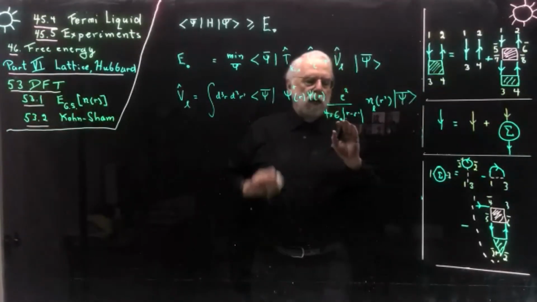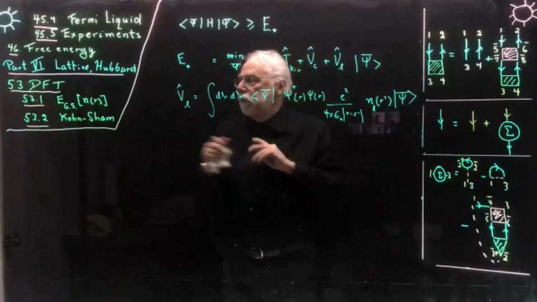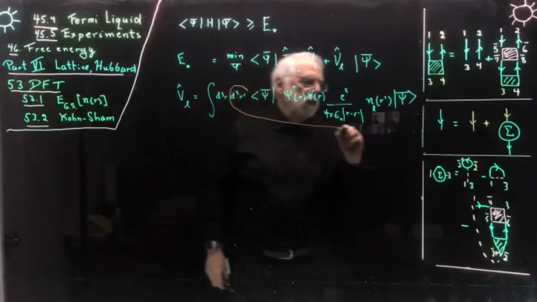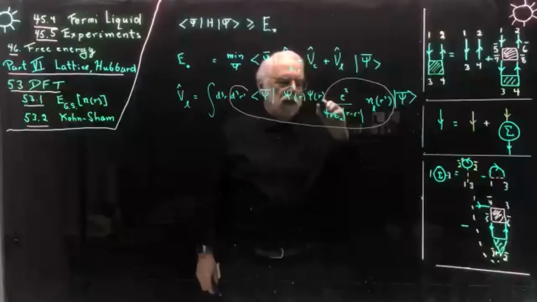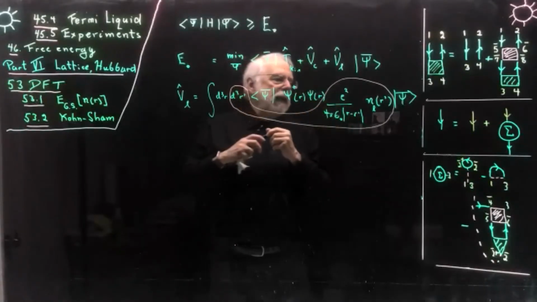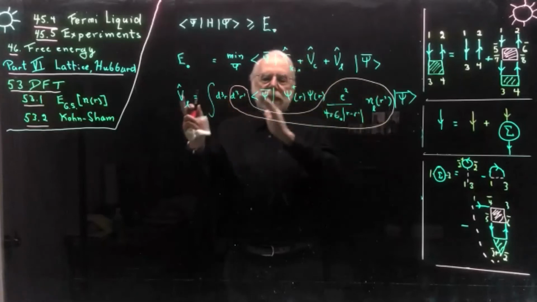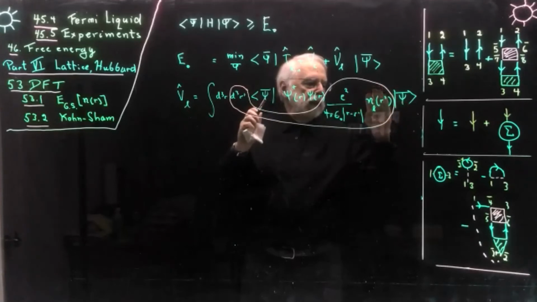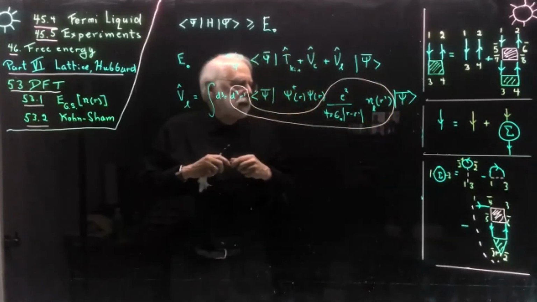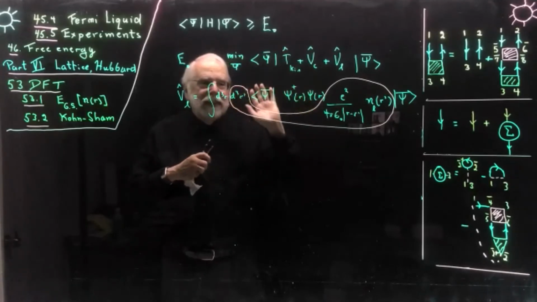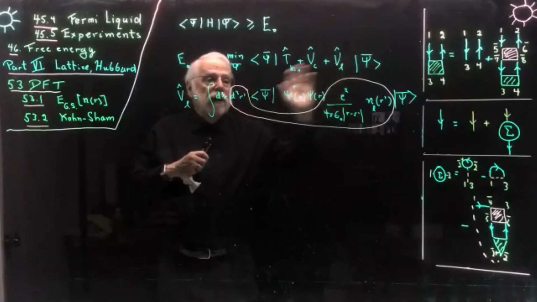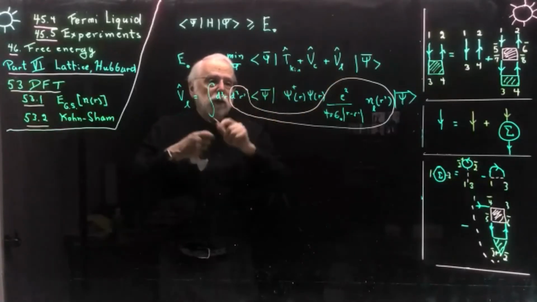If I do the integral over r', I can take it outside, because I'm looking at the electron wave function, and this is just the position of the ions. I'm assuming here that the ions are not moving, so I don't have the kinetic energy of the ions. The kinetic energy of the ions will lead to phonons, and we can introduce them later.